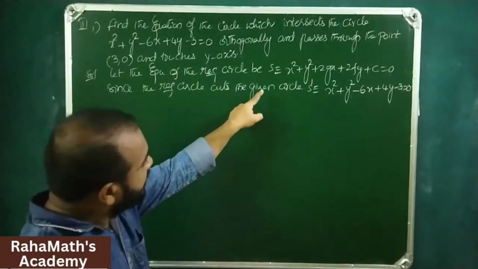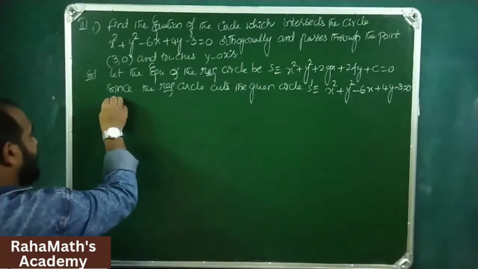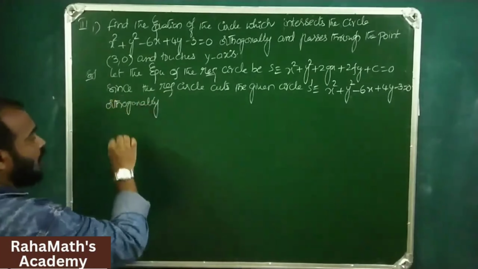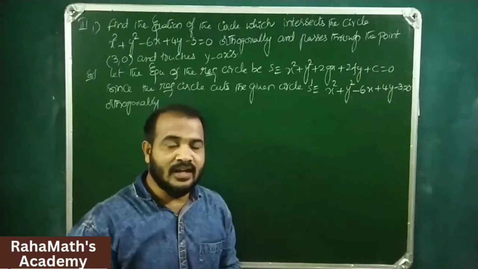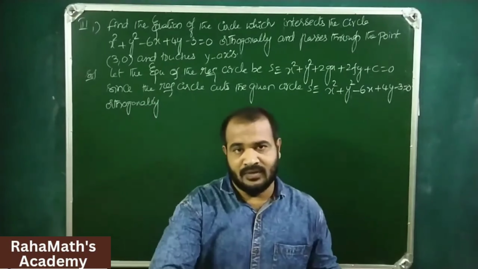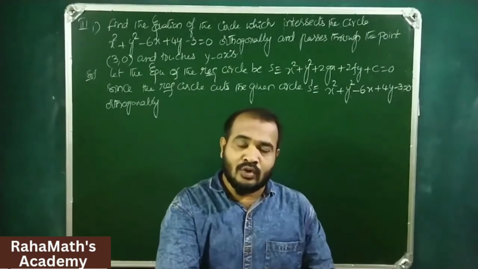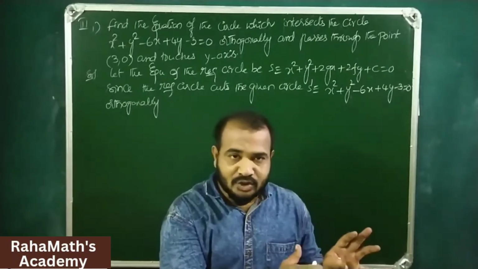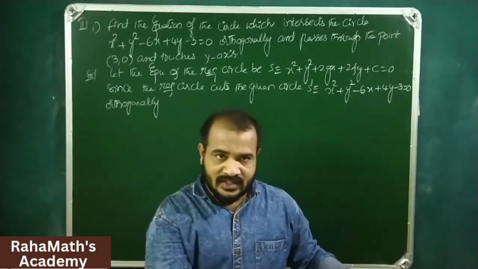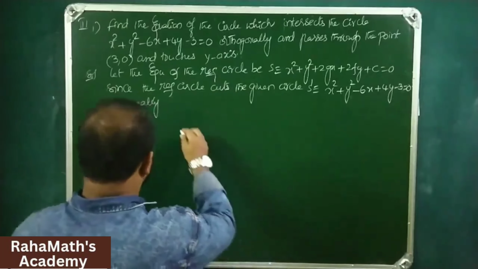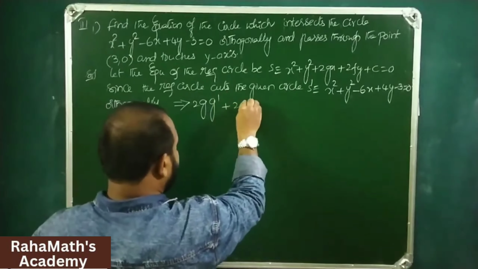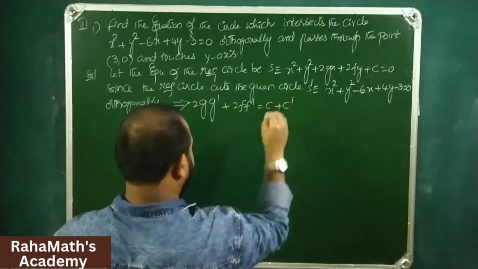Since the required circle cuts the given circle orthogonally, we know the condition of orthogonality: 2gg dash plus 2ff dash equals c plus c dash. Please remember this. We have been using this condition of orthogonality for all the problems in this exercise.